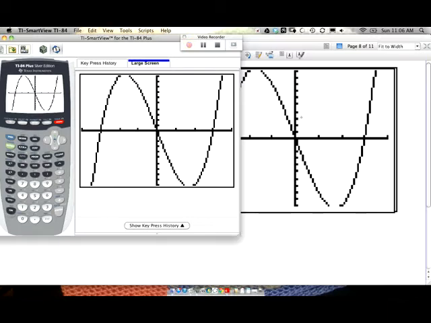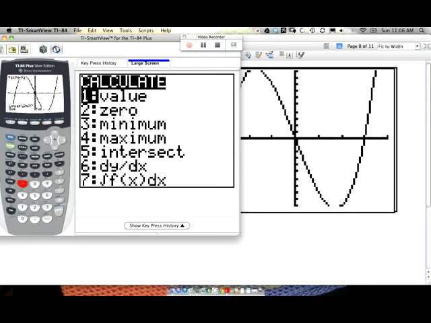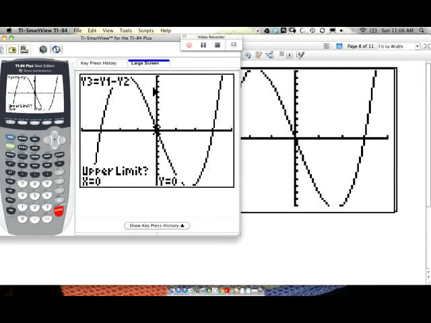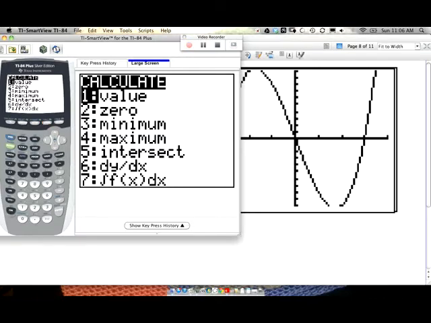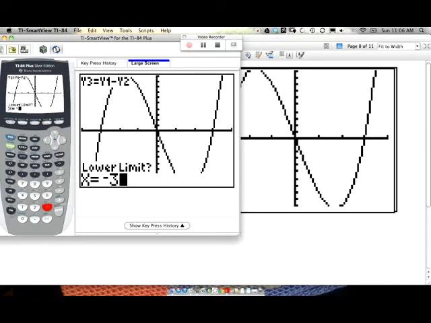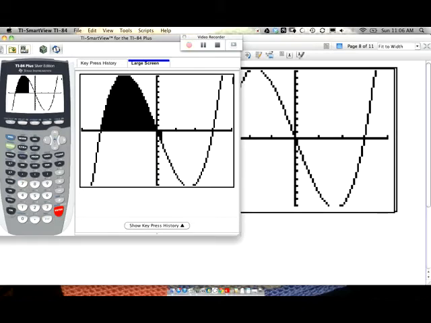And you know what? I'm actually going to take the area. Let's redo that. Second, calculate 7. We're going to do the area. And whoops, it already went to the second thing. So second, calculate area, lower limit, -3 to 3.